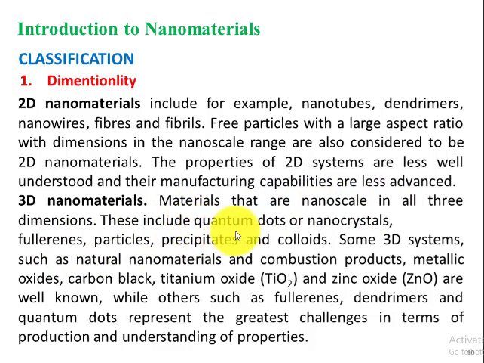These include quantum dots or nanocrystals, fullerenes, particles, pesticides, and colloids. Some three-dimensional systems such as natural nanomaterials and combustion products, metallic oxides, carbon black, titanium oxide, and zinc oxide are also well known, and others such as fullerenes, dendrimers, and quantum dots represent the greatest challenge in terms of production and understanding of properties.